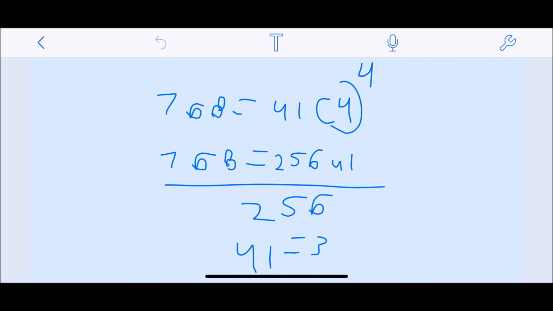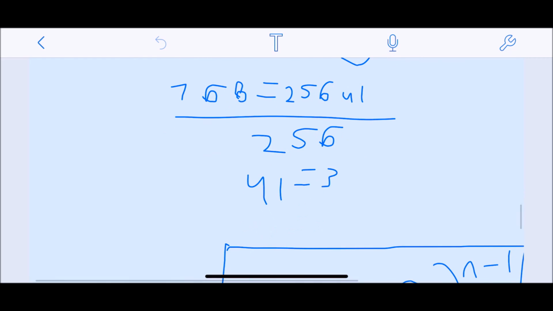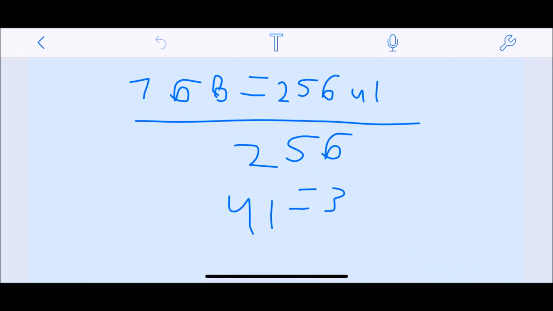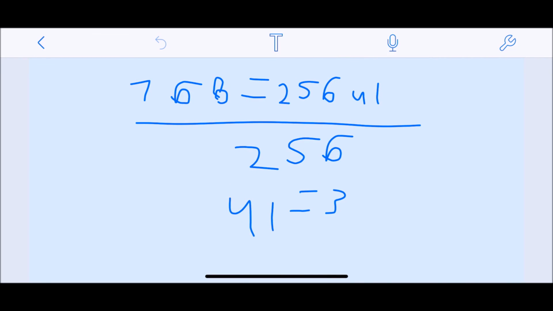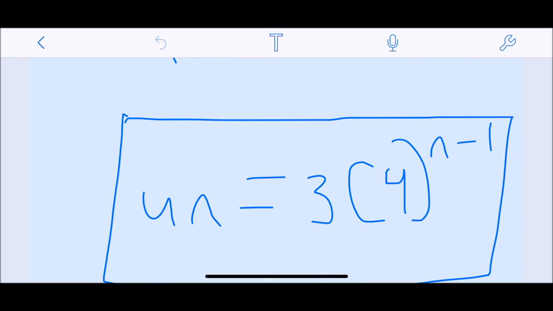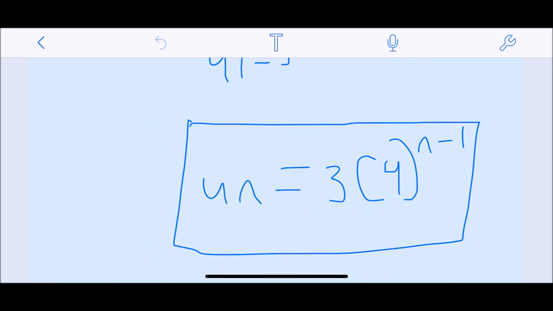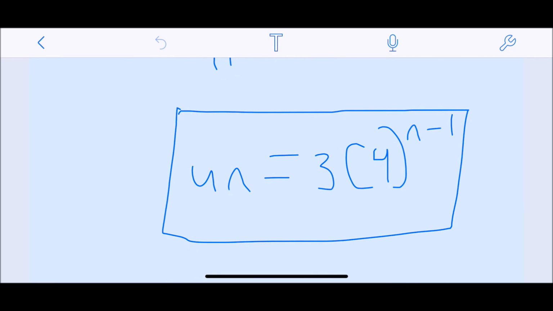Similar to last time, to find u sub 1, you have to plug the new r value into the existing point we have. So we're going to do u sub n equals u1 times r to the n minus 1 for u sub 5. U sub 5 is 768. So 768 equals u sub 1 times 4 to the 4th.